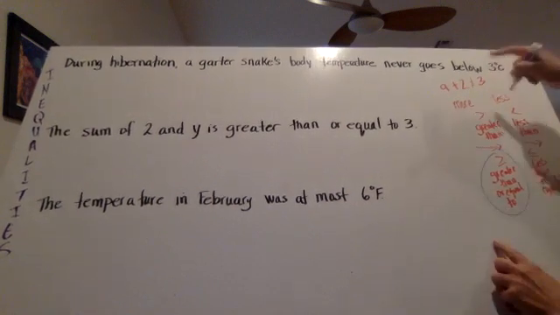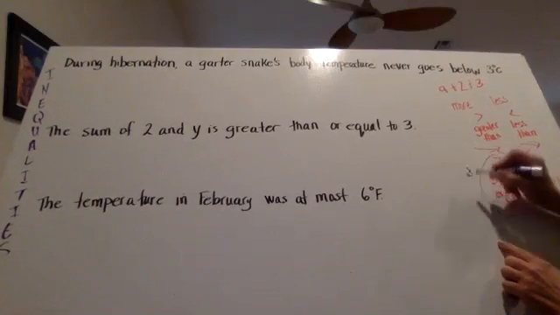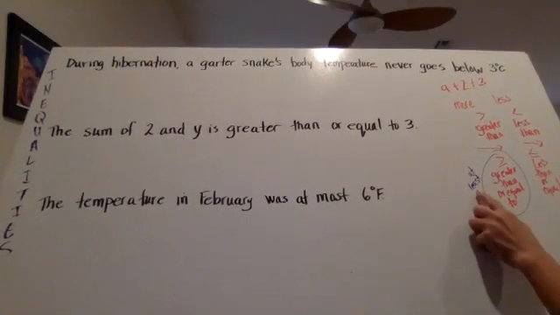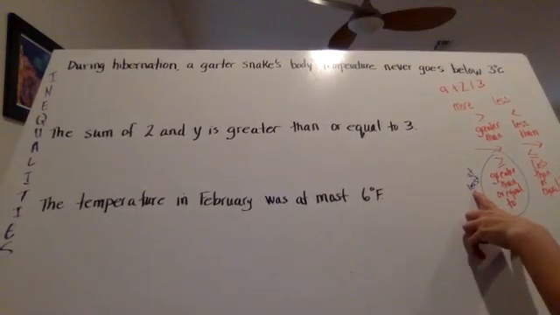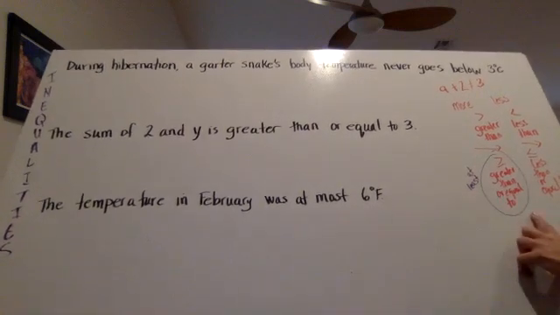If it's equivalent, then it is exactly equal. But what if I had a word like at least? I say you are at least 10 years old. That means you could be 10 or you could be older, right?